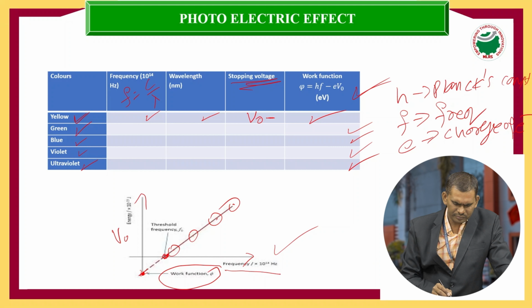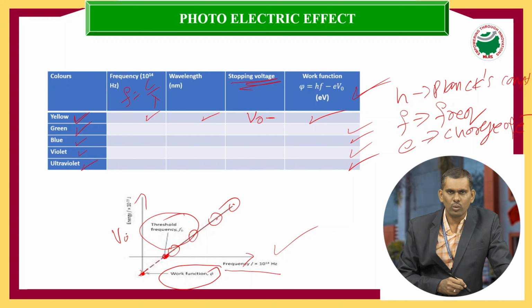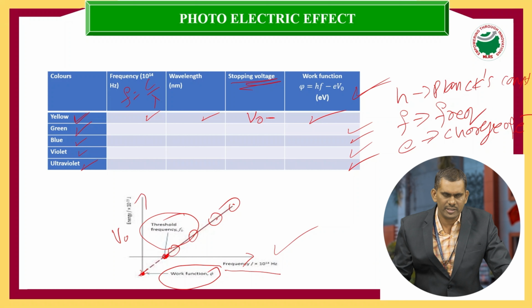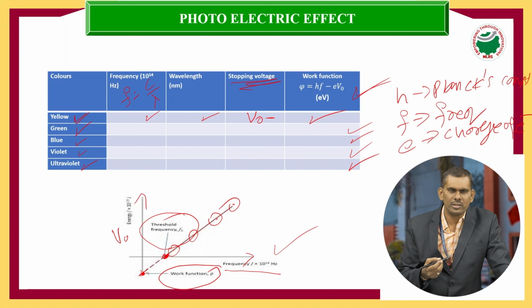And next, this frequency where this line is touching the axis, you can call as threshold frequency. So what is meant by threshold frequency? When you are making different wavelengths or frequencies incident on the metal surface, the ejection of electrons starts from a particular frequency only.